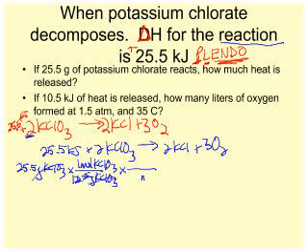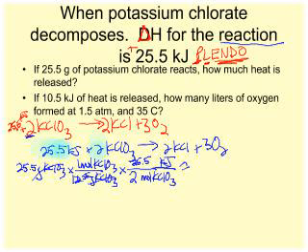So now I'm in moles, so my grams of KClO3 are gone. I'm in moles of KClO3, so I want to get rid of that and go into heat. Now I'm not going to call it heat, I'm going to call it kilojoules, because that's your unit for heat. I need a relationship between KClO3 and kilojoules. My coefficients give me the relationship, 2 and 25.5.